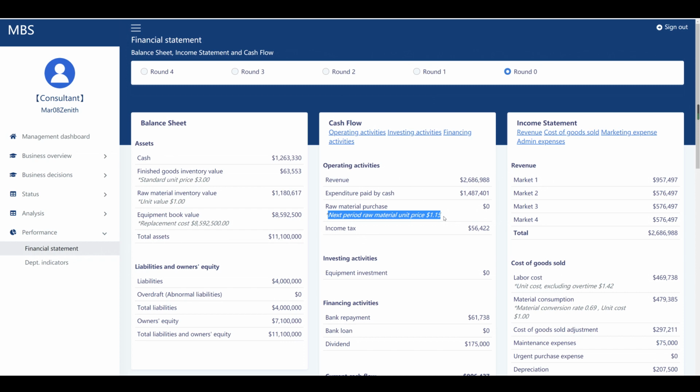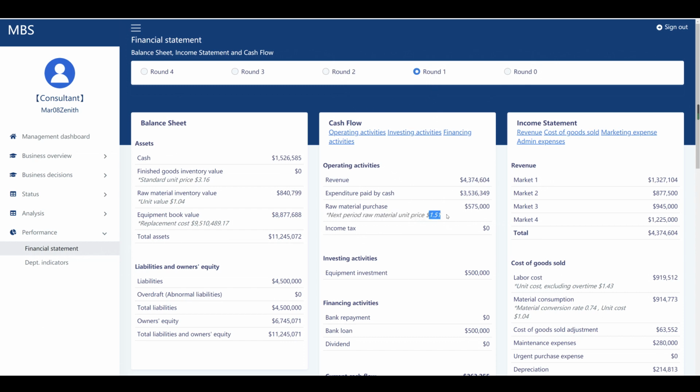And that means the cost of each item is $1.15. And because we are looking at round 0, so this material unit price means the next period cost of the item. And when we look at round 1, the material unit price is $1.51 for the next period.